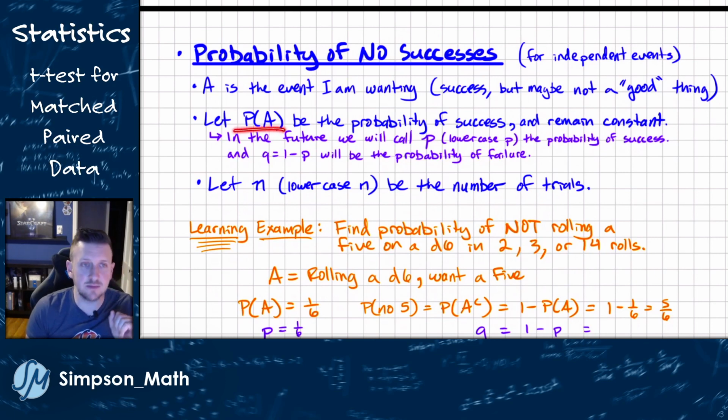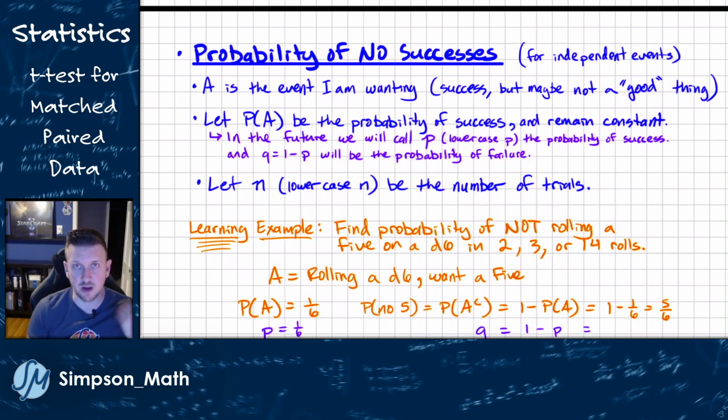All right, so let P(A), the probability of A, be the probability of my success. If A is what I'm wanting, the probability of A would be my probability of success. Since it's an independent event, that probability is going to remain constant. In the future, and even as you saw on the website I showed a second ago, they used a lowercase p to represent the probability of success. And we'll even use a lowercase q to represent the probability of failure, where q is 1 minus p.